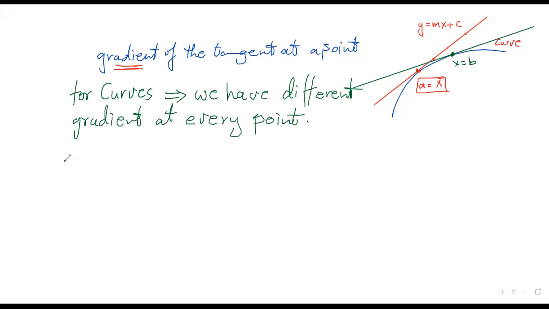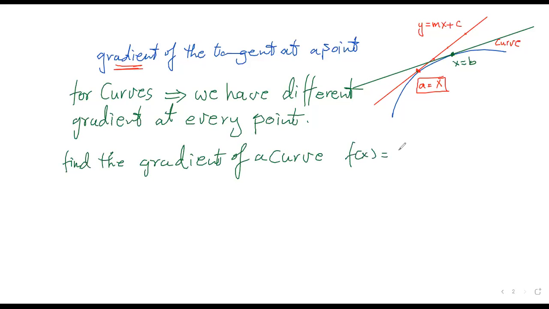Therefore, when it says find the gradient of a curve f(x) equals x squared minus 5x plus 10, what he's asking me to do is differentiation, to find the general equation of the gradient.